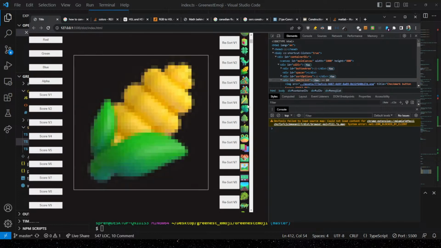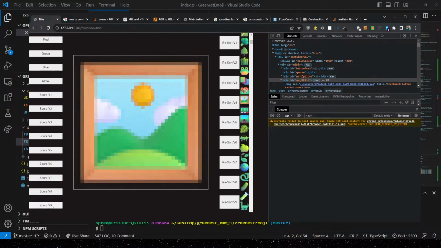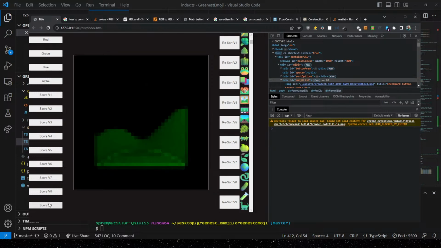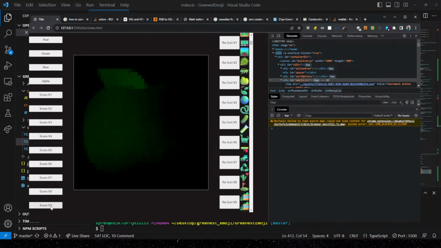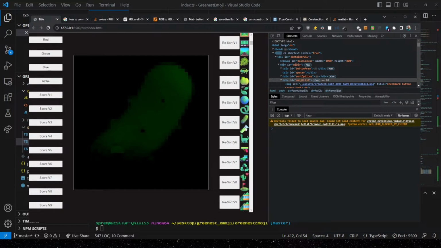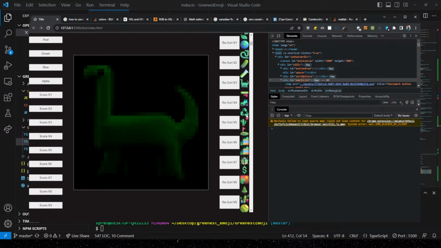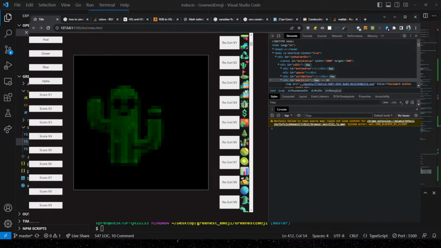Yellow is still not green. This lighter green is still green. This is green, which is good because it's called a green apple. Good.